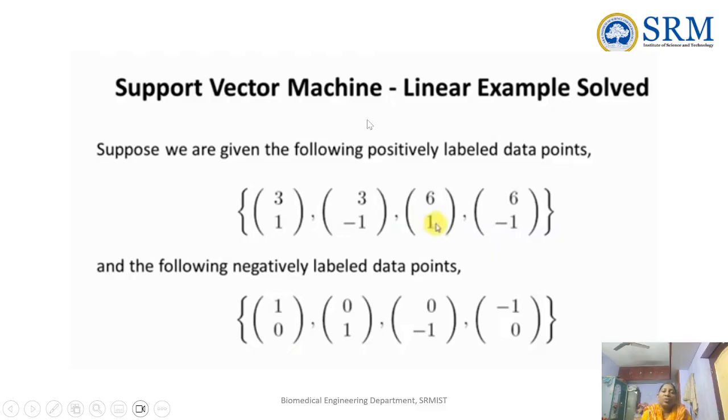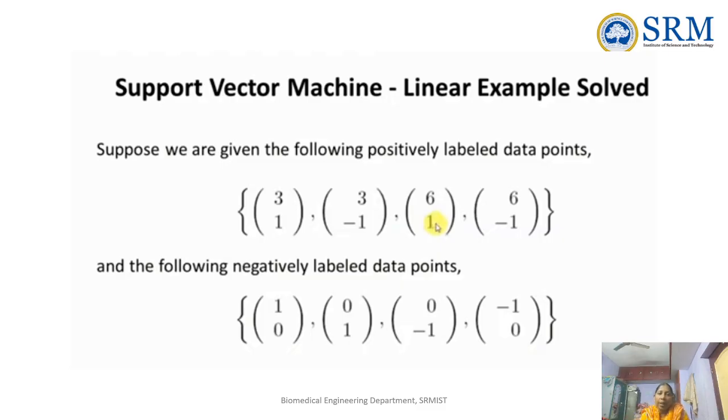Now, let us go to solve one linear example with respect to the support vector machine. The given question is, you are given positively labeled data points and negatively labeled data points. Now we have to map these data points on the graph, choose the support vectors, and then check how we can separate them into two different classes.